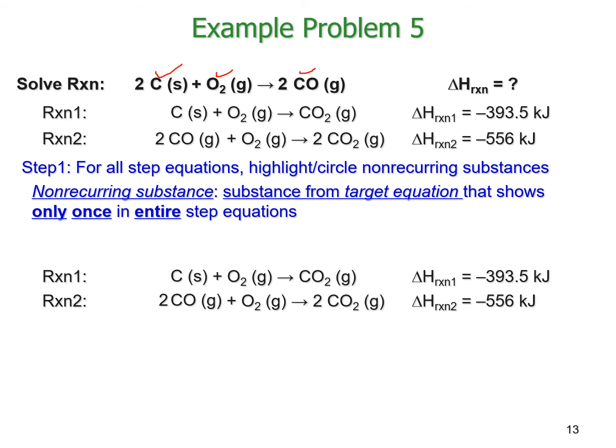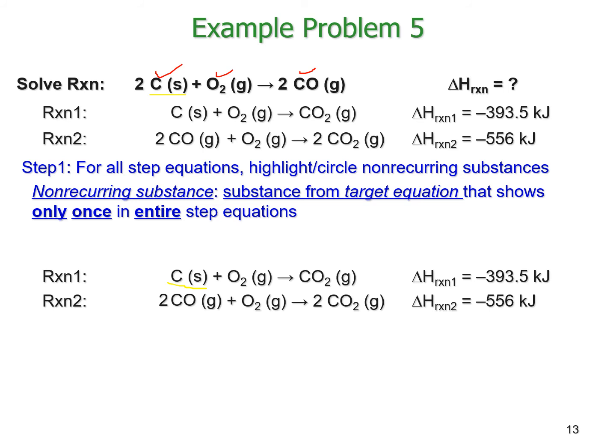Because I do not see carbon as a free element anywhere in reaction 2. So I highlight carbon in a different color as a non-recurring substance, because carbon shows up only in reaction 1, not in reaction 2. It doesn't appear anywhere else.